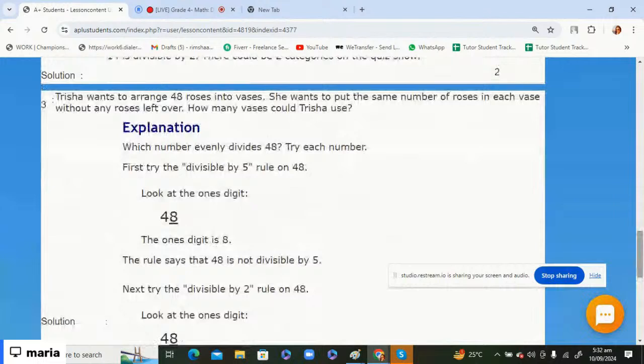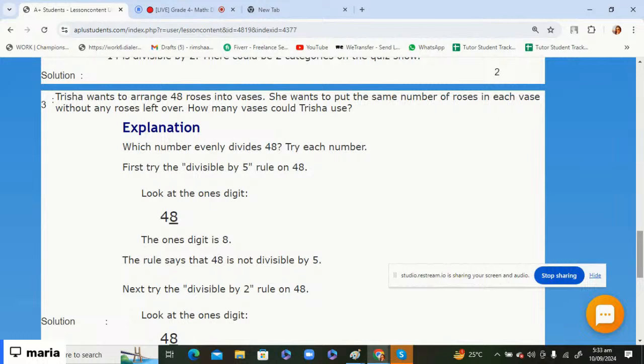Trisha wants to arrange 48 roses into vases. She wants to put the same number of roses in each vase without any roses left over. So how many vases could Trisha use? As we know, which number evenly divides 48? 2. Then you get the answer 24.